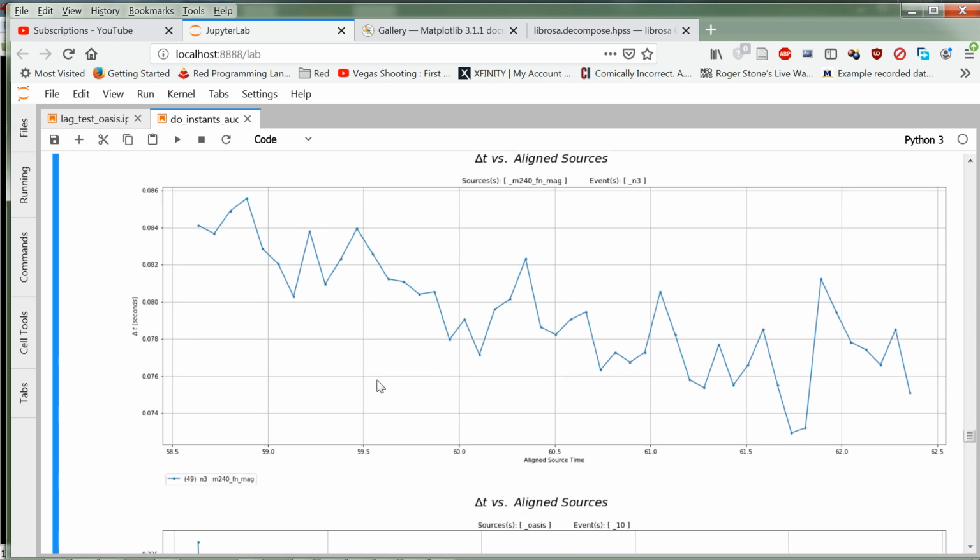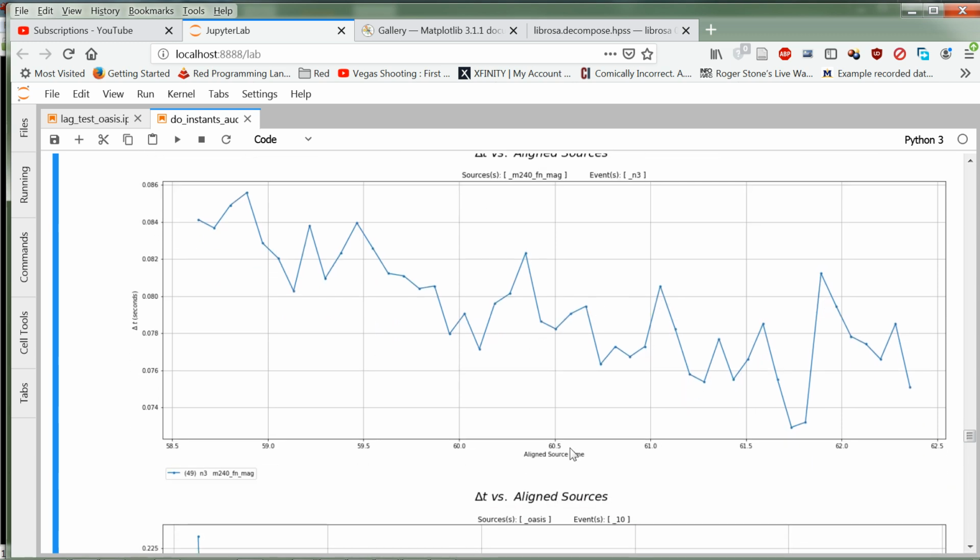such as here, this is a plot of the time between rounds versus time for the M240 of N3, which is one volley consisting of 49 rounds. Here we see that over time it started high and went low.